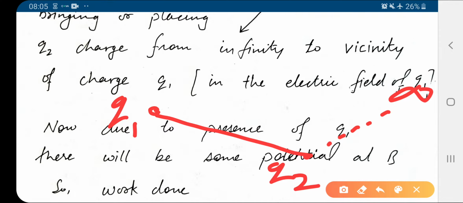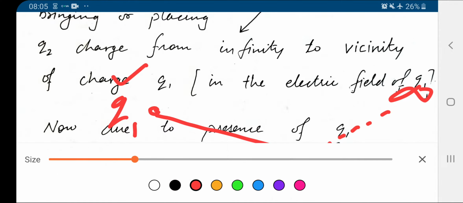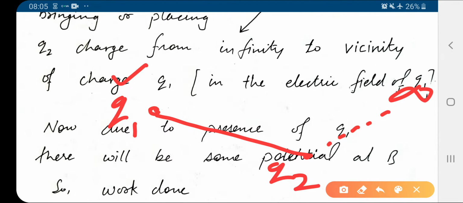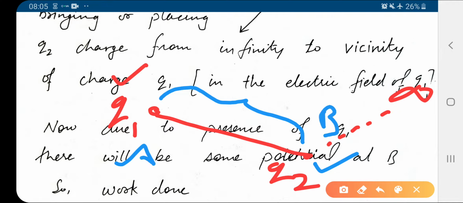Then due to q1 there will be a potential at the point of q2, which is point B. Say this point is A and this point is B, and the distance of q2 from q1 is r12. What will be the potential at point q2 due to charge q1? That we require here.